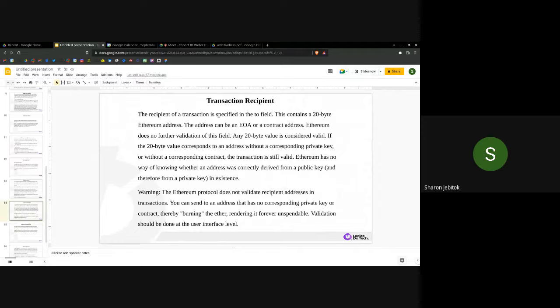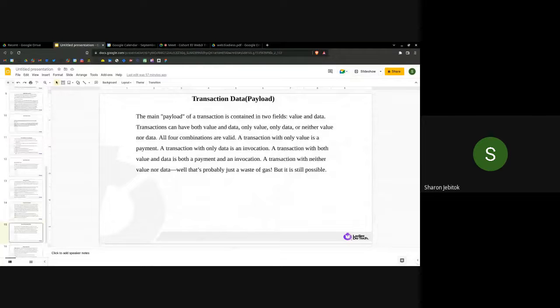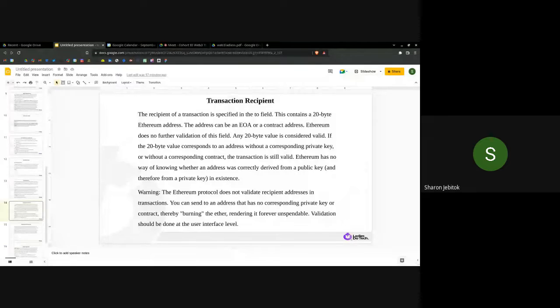And if you're sending someone Ether, the Ether will be deducted from your address, and it will be considered burned. Burning is like, it was not spent, it was not sent to someone, so it has just gone. And even burning happens for NFTs.